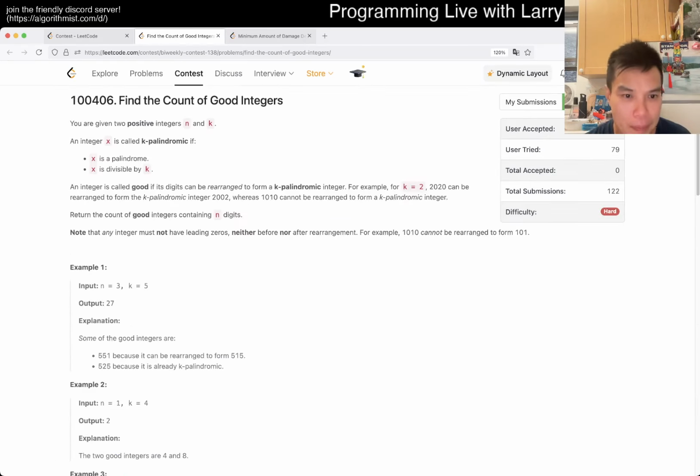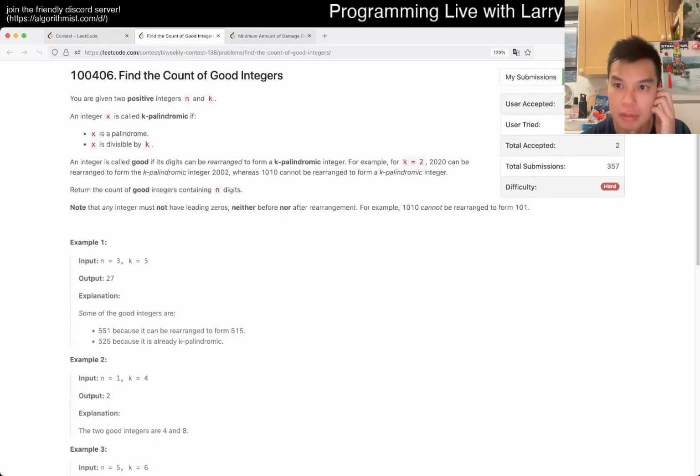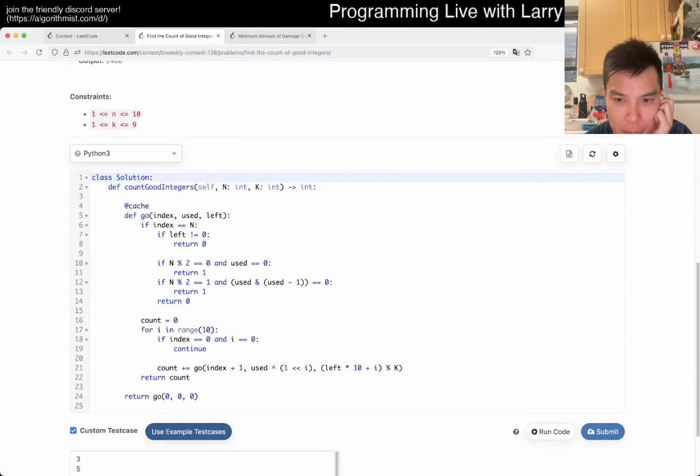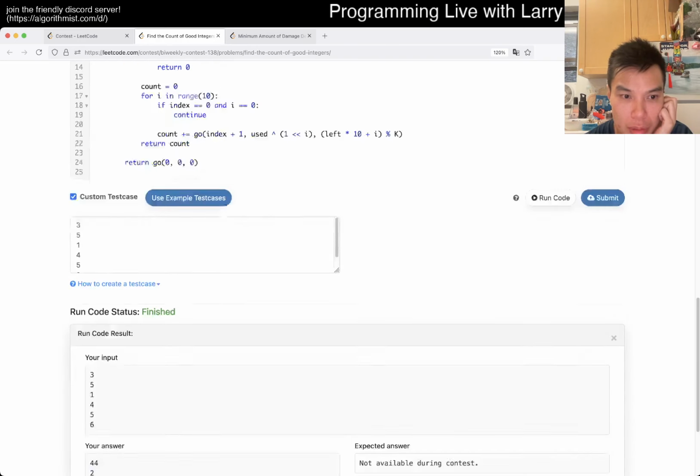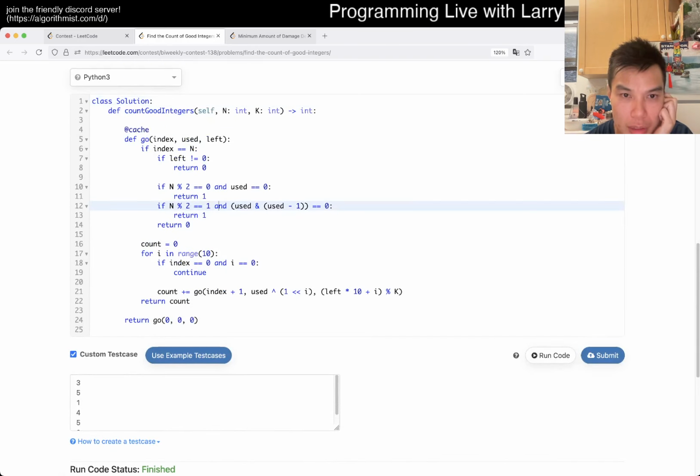3, 5. Two people died. I thought this would be right, but 3 is odd.